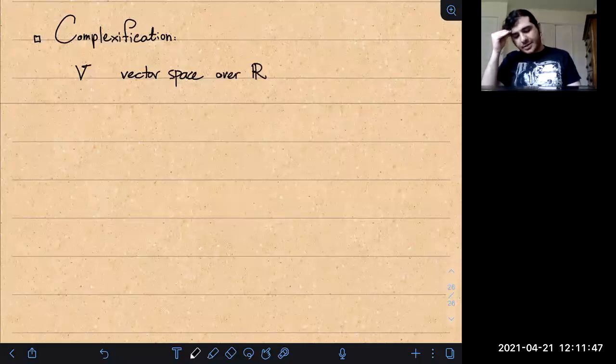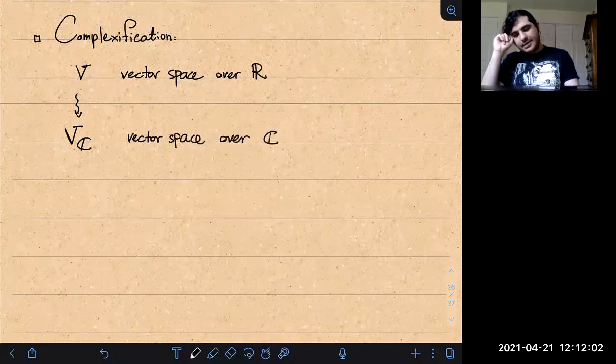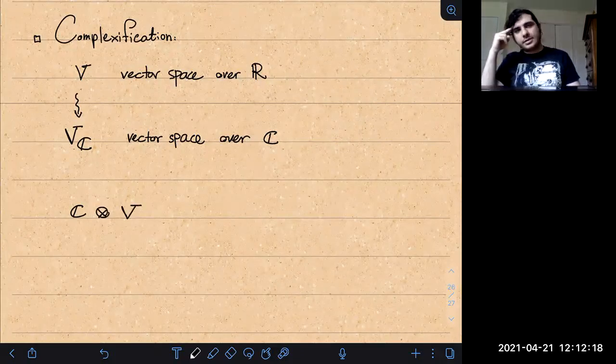Its complexification, which is usually shown by VC, is a vector space over C. So what is this thing? This is just C tensor V over R. The tensor product is over R.